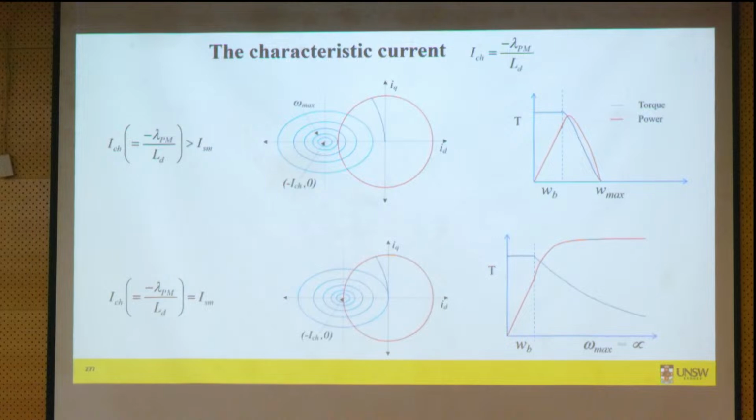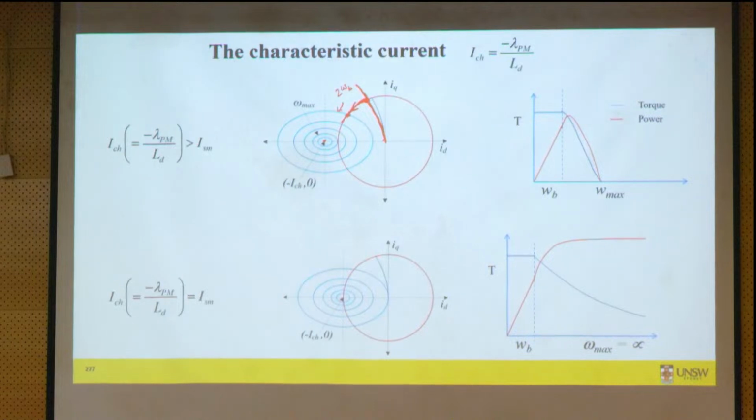If the characteristic current is outside of my current limit, I am operating with MTPA up to here, and then when I have gone above base speed, I operate in flux weakening. So this operating point will start to move along the current limit circle, and whatever the voltage is, let's say this is my voltage at twice the base speed as we have seen in the previous example.